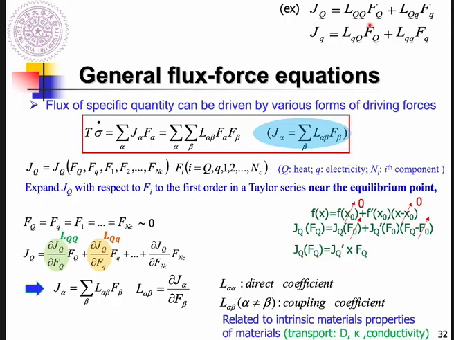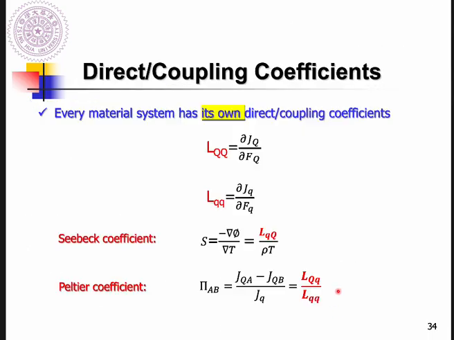The temperature gradient, F capital Q, also contributes to the current density, and how large it is will be correlated with this coupling coefficient. Okay, just for your reference, we do have some examples in the following slides.